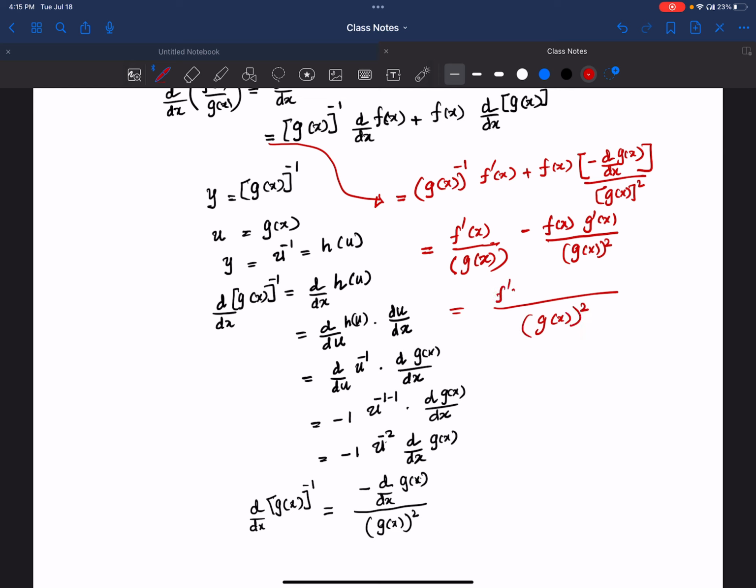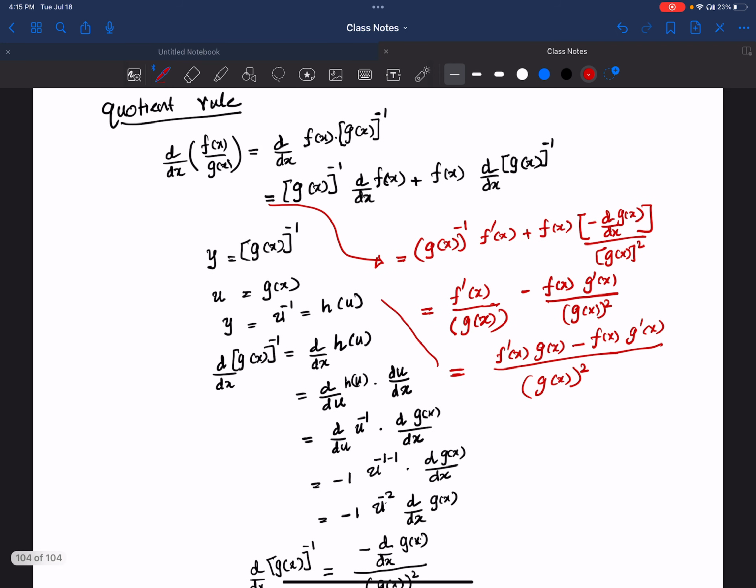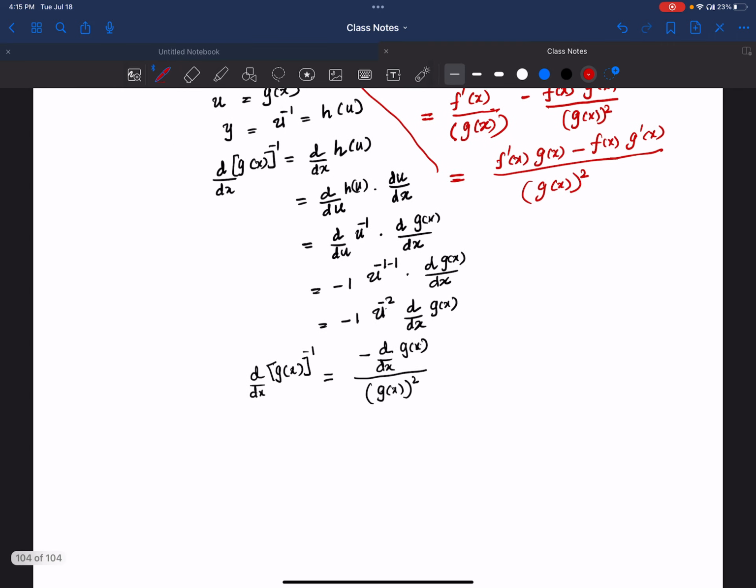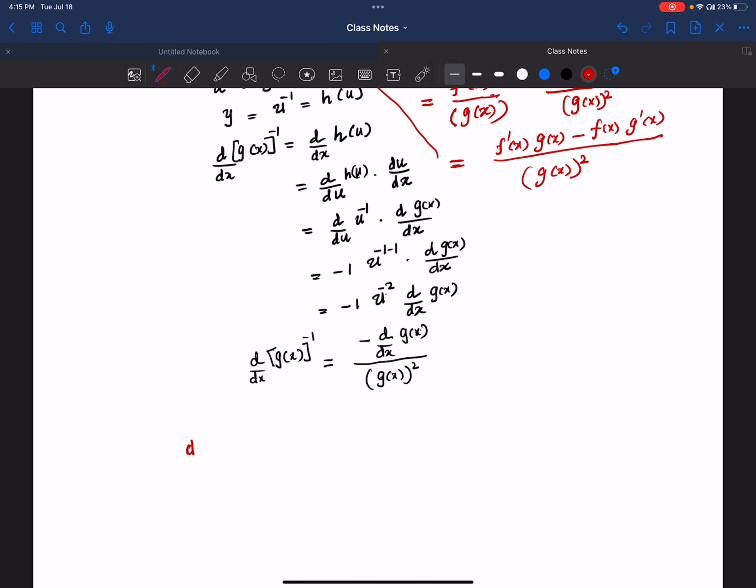This is f prime x g(x) minus f of x g prime x, and that's the quotient. So I can write in total d over dx of f over g is equal to f prime x g(x) minus f(x) g prime x divided by g(x) squared.